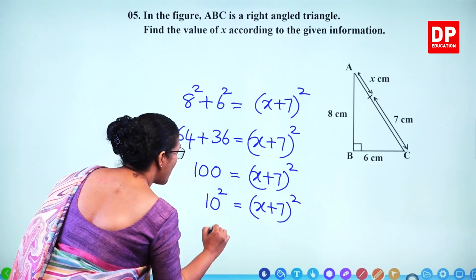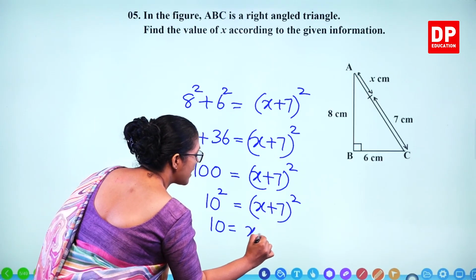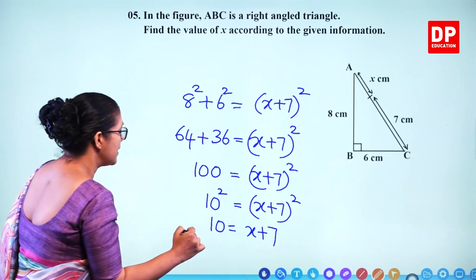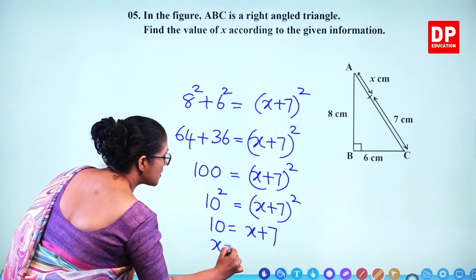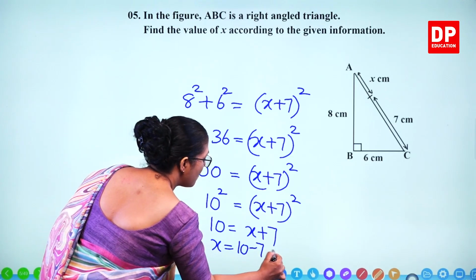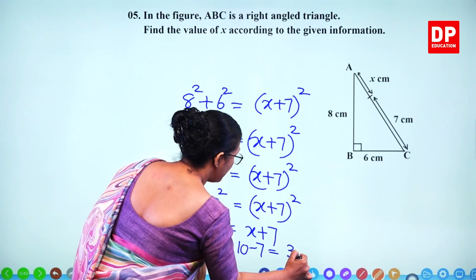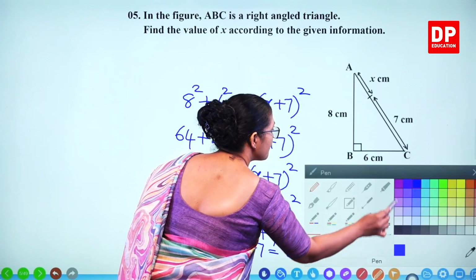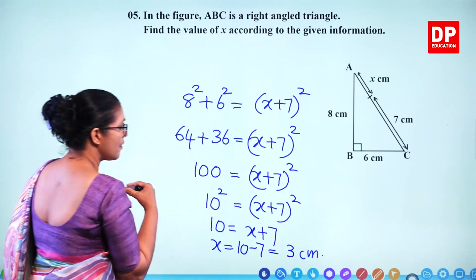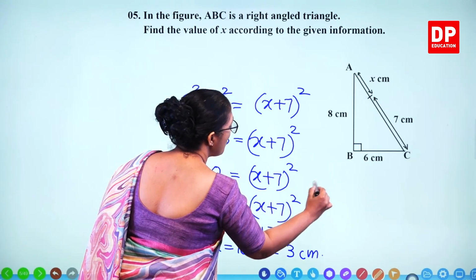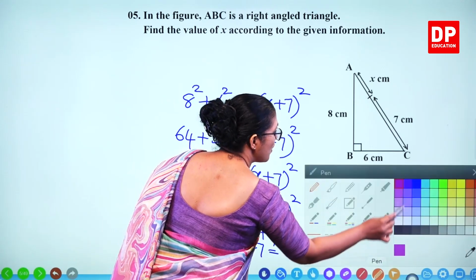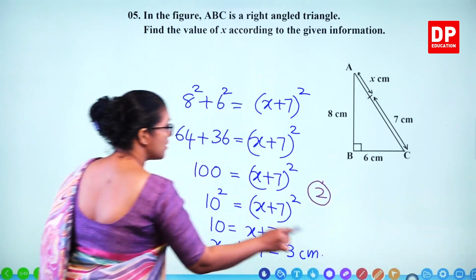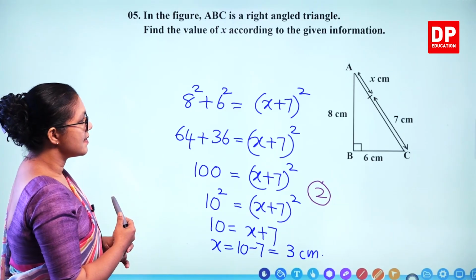So when you take the square root of both sides, you get x plus 7 is 10. x becomes 10 minus 7, 3 centimeters. You get 2 marks for that. 1 mark normally for the method and 1 mark for the final answer.